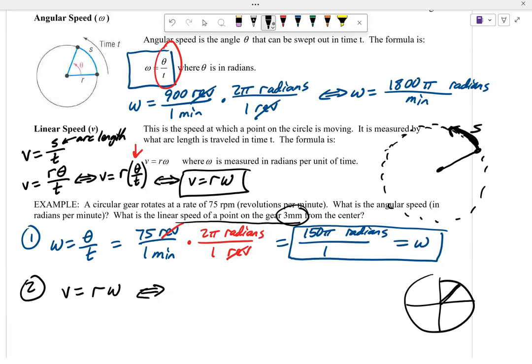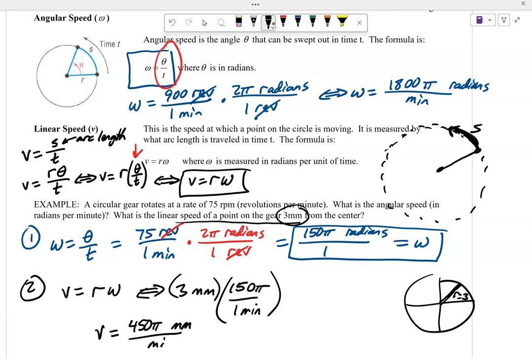So if this radius is 3 millimeters from the center, 3 times our angular speed. So 3 millimeters is our radius, times 150 pi per minute. And so our linear speed here is 450 pi millimeters per minute.